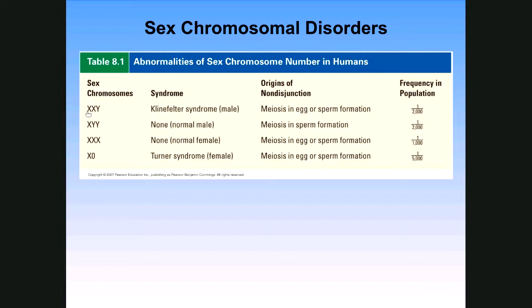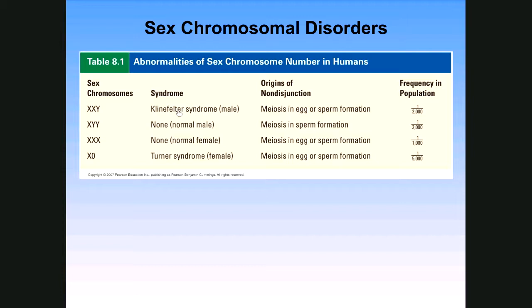So if you look at a karyotype, the first 22 pairs of autosomes should be normal, all pairs. But when you get to the sex chromosomes, instead of there just being an X and a Y, you could end up having 2 or 3 X chromosomes and a single Y. That lets you know it's Klinefelter syndrome.